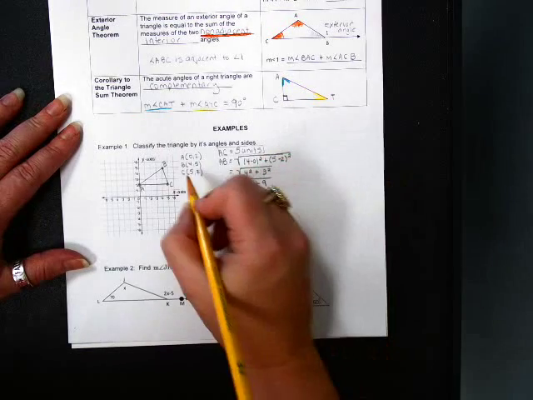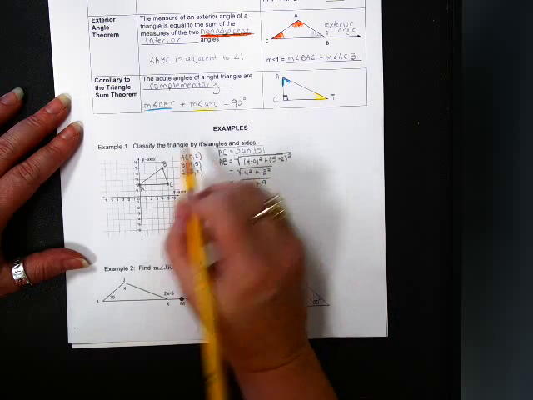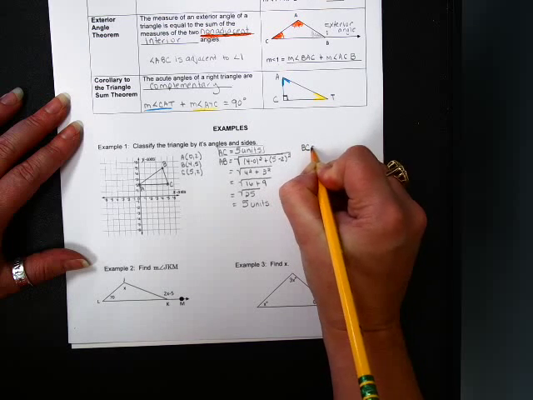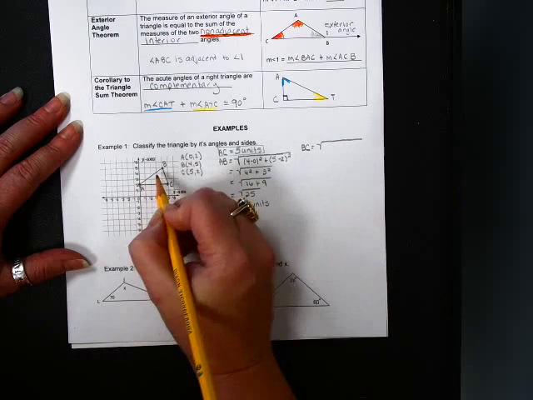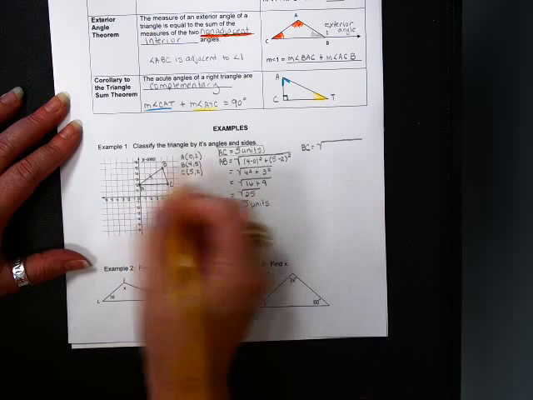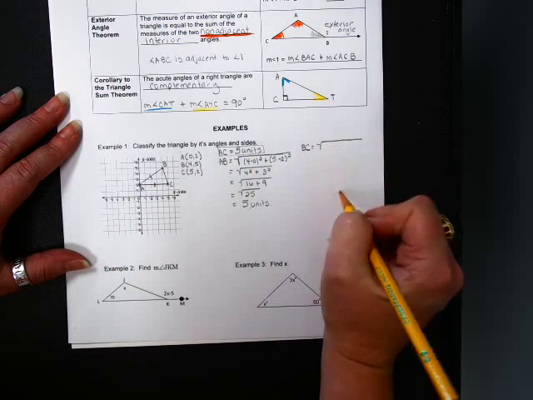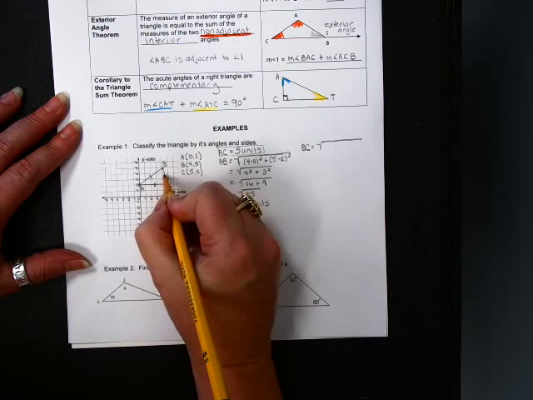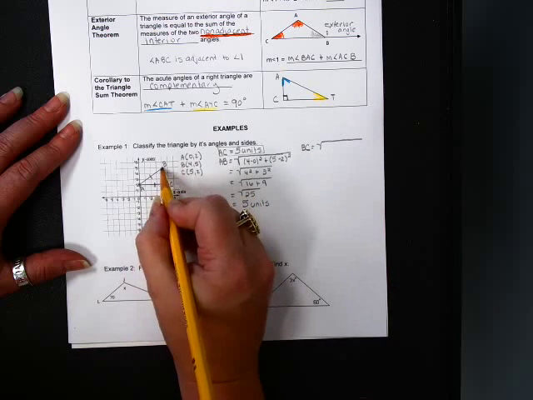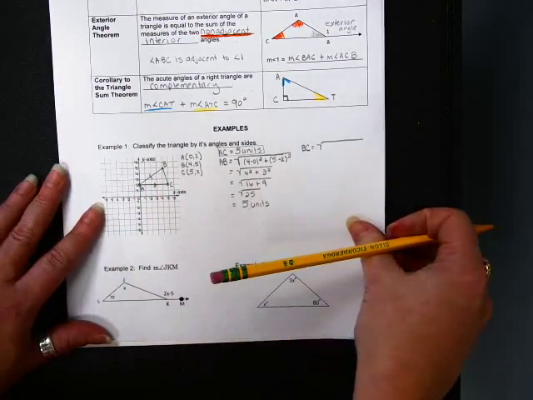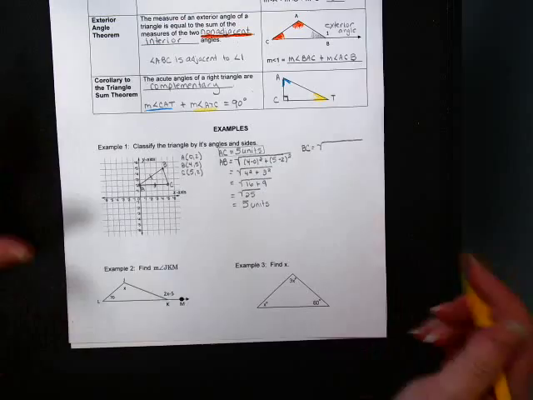So now I have to find BC. So I'm going to do that over here, BC. Now, I have this side and this side already congruent. If this side turns out to be 5 units, then we know that it's equilateral. If it turns out to be different, then we know that it's only 2 sides. And remember, 2 sides was called isosceles.